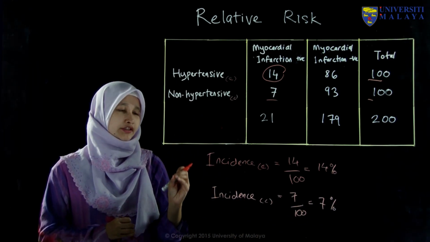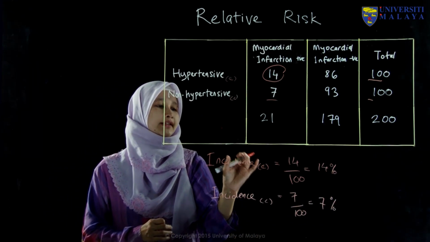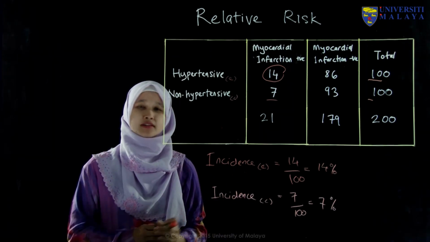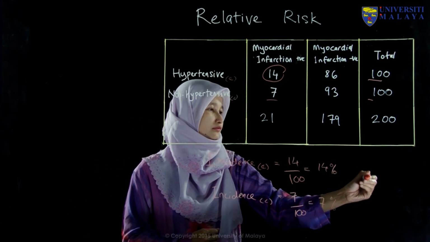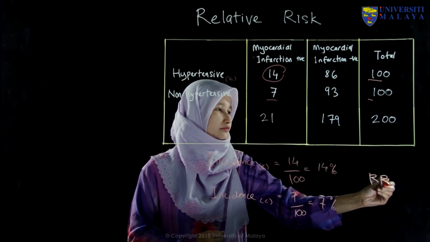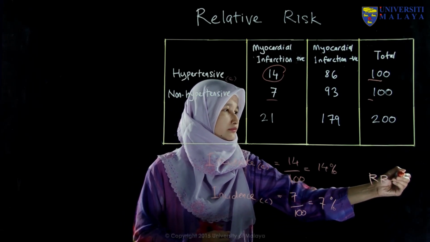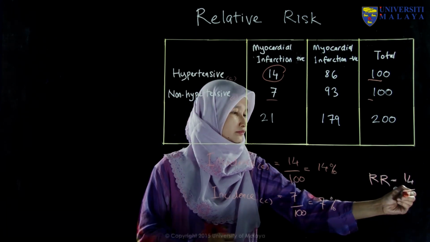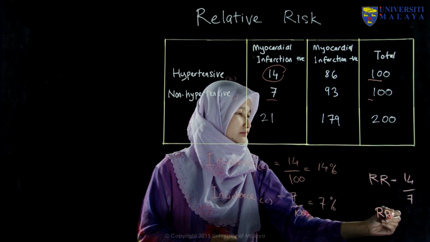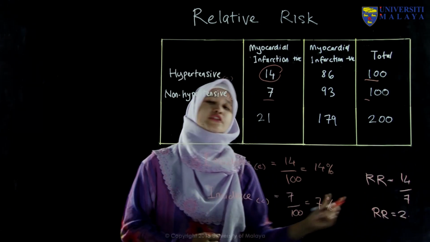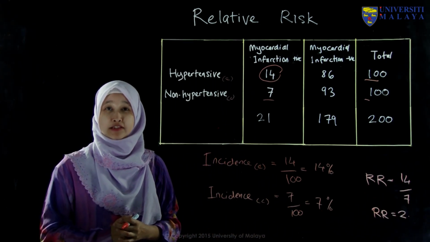So, relative risk is simply the incidence in the exposed group divided by the incidence in the control group. In this case, the relative risk is equal to 2.